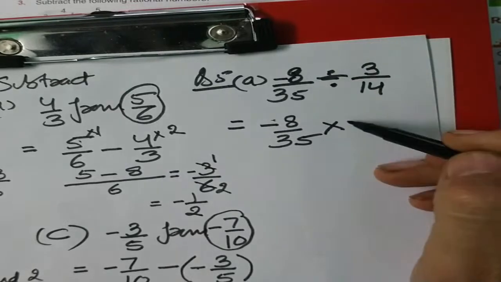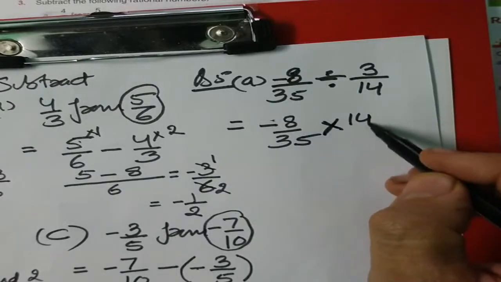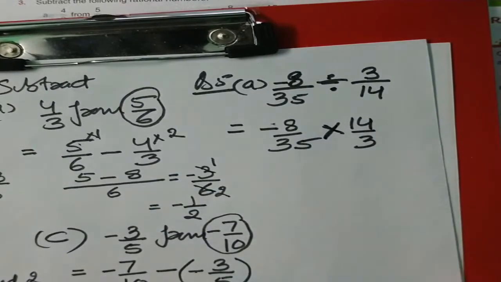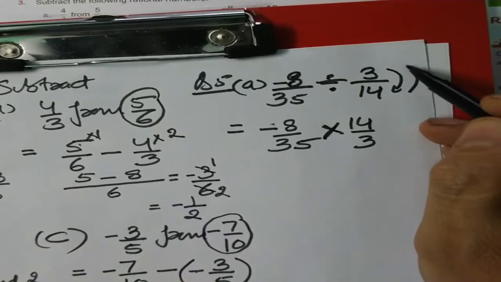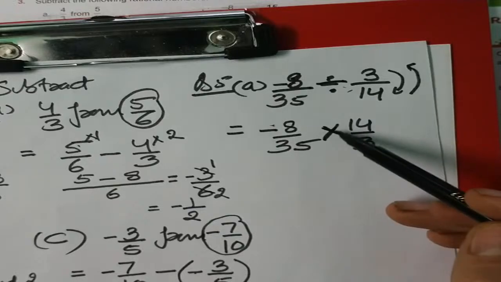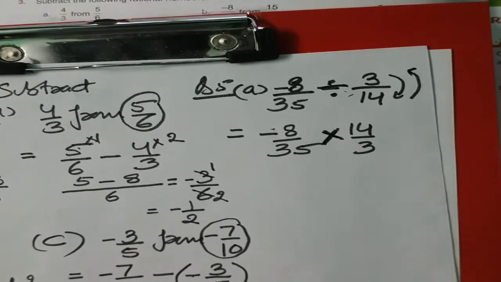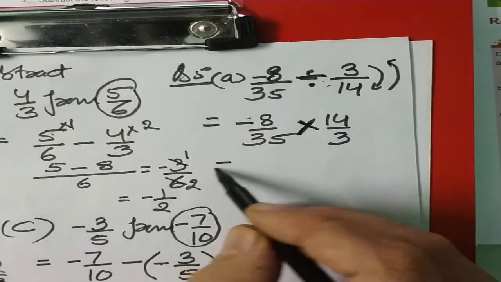The second number is written divide, so divide will become into. And then this will become 14 upon 3. It becomes the reciprocal. When you change the sign into product, you change the numerator and denominator. Now cancel the numbers and you will get the answer.